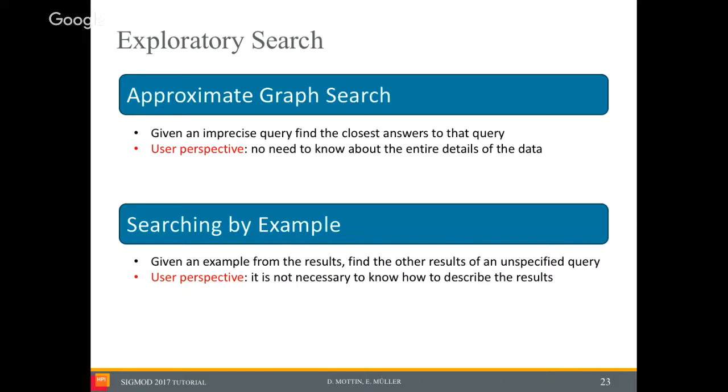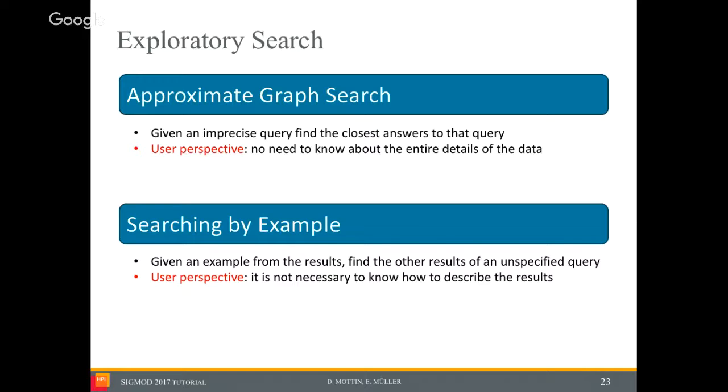Second, the user might not have a precise query in mind, so they don't know how to describe the objects of interest, but they might have in mind some structure or some example which belongs to the set of results. These two things are related, but they offer different perspectives.